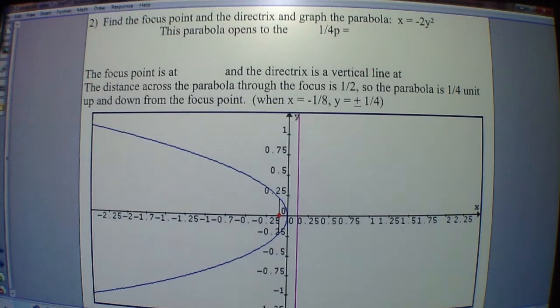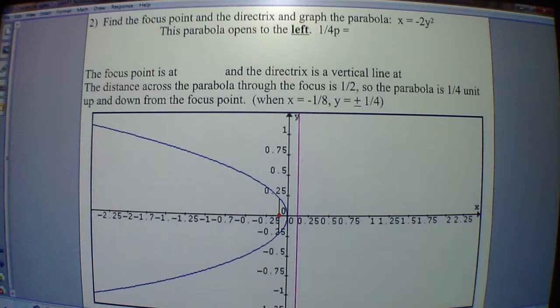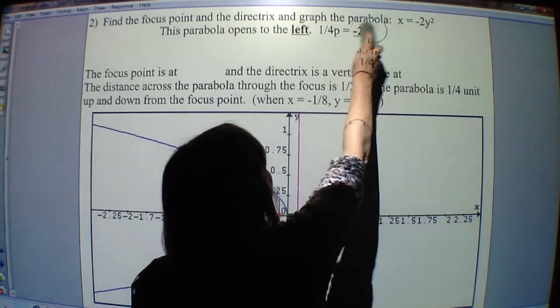Find the focus point and the directrix and graph the parabola x equals negative 2 times y squared. x equals y squared either opens to the right or left. Since it's negative, it opens to the left. And that's what I wrote here. Opens to the left. 1 over 4p is equal to negative 2.